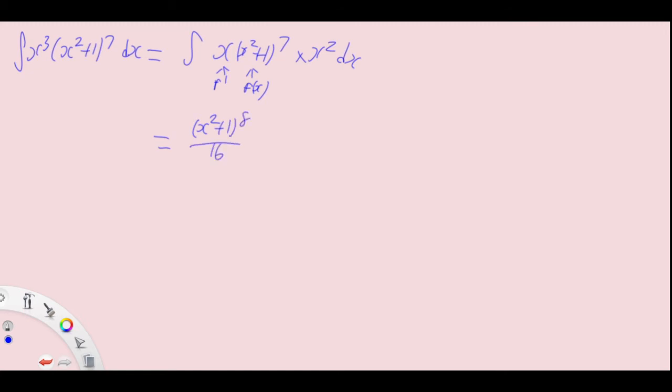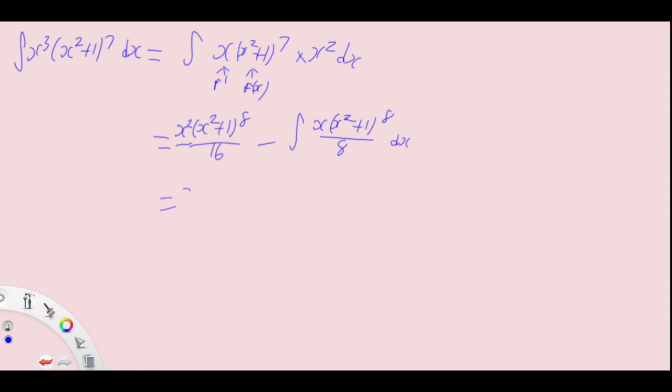Because the derivative of x squared is 2x, we are missing the 2, so we have to divide by 2, and then not forgetting to divide by the new power 8 to give you 16. And then lastly, we add the x squared term.